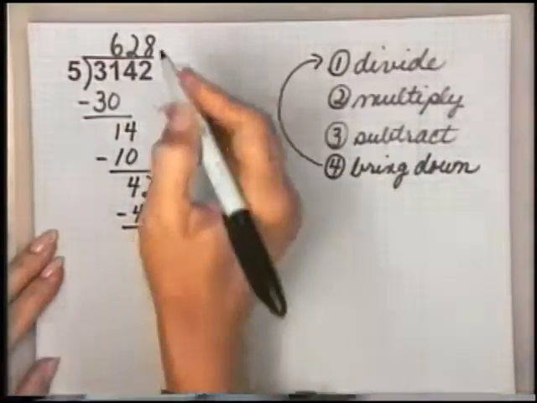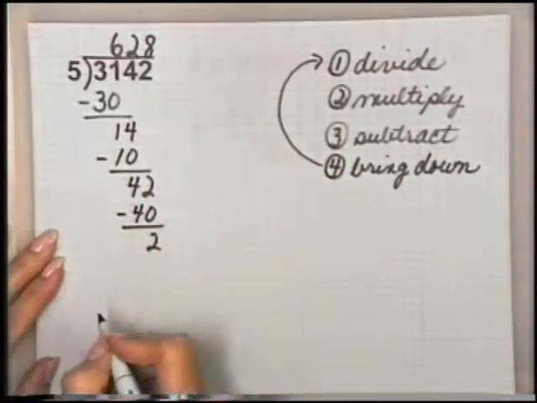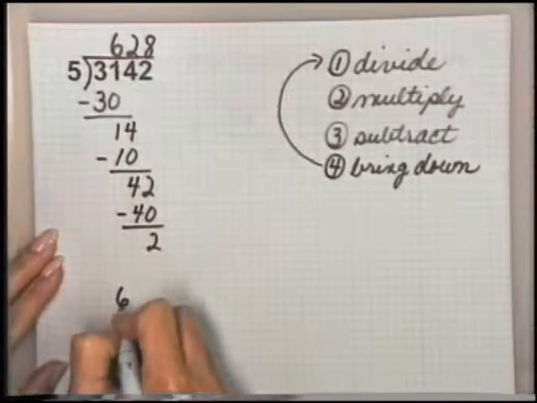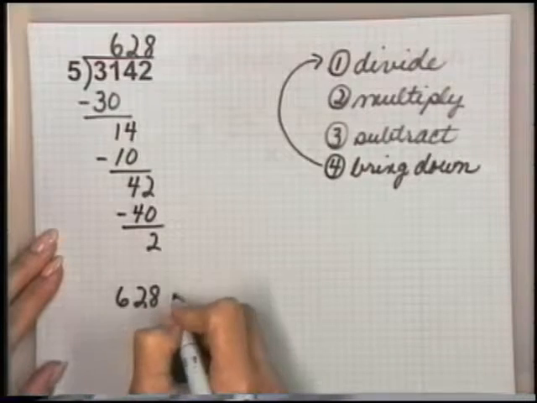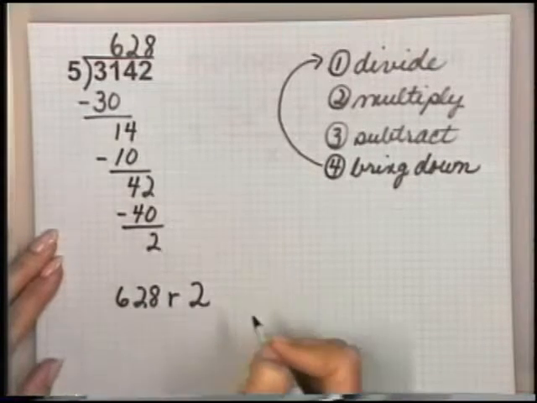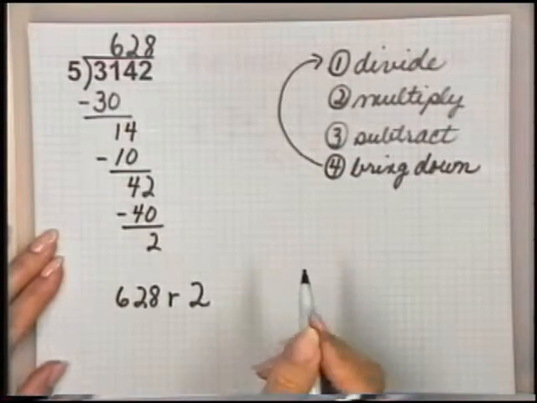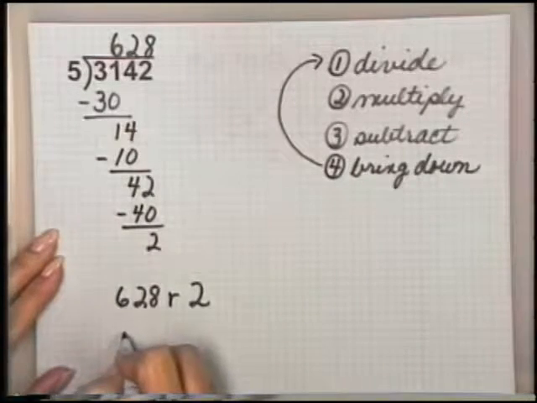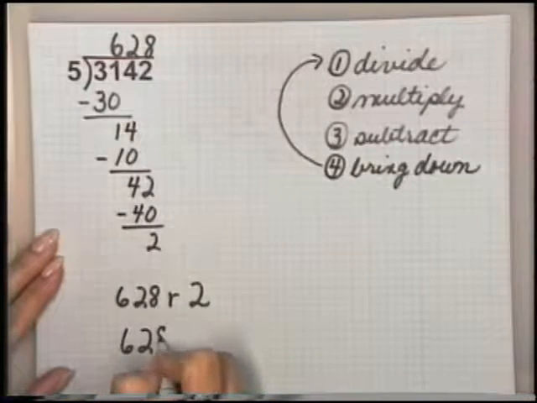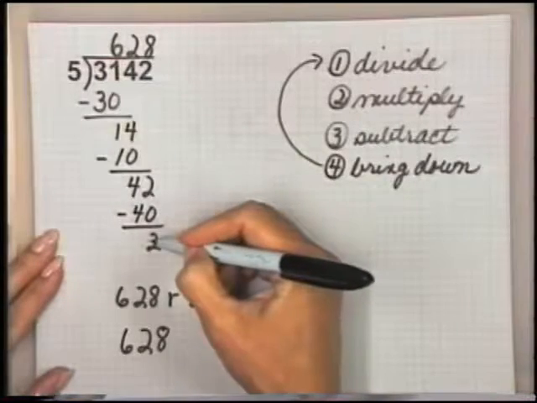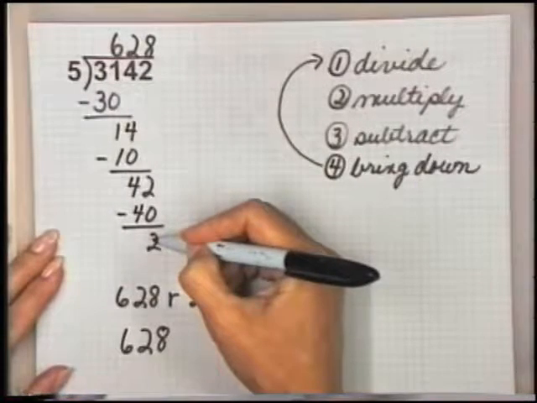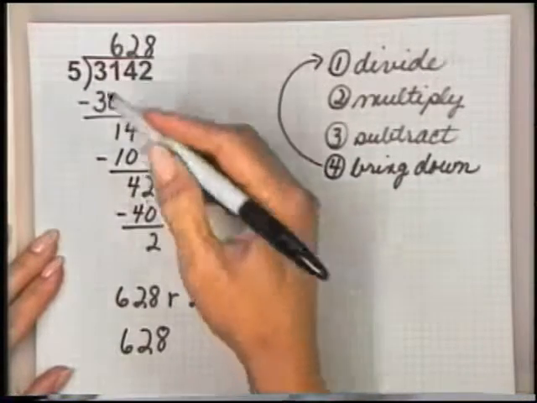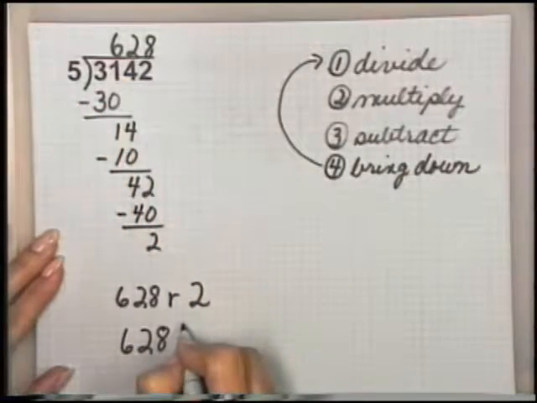So my quotient here, and remember the quotient is the answer when I divide, could be written as 628 remainder of 2. What's another way that I could write this quotient? 628. And what could I do with the remainder of 2? I may write it as a fraction over my divisor.